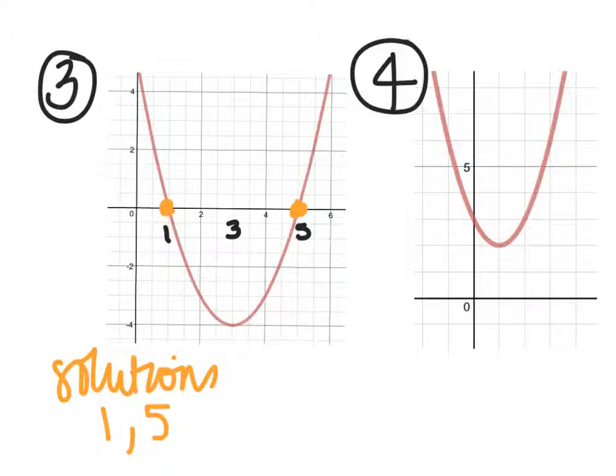If I look at number 4, here's my x-axis, and I'm going to highlight that in green. Then I'm going to highlight my graph in pink, and here is my graph.